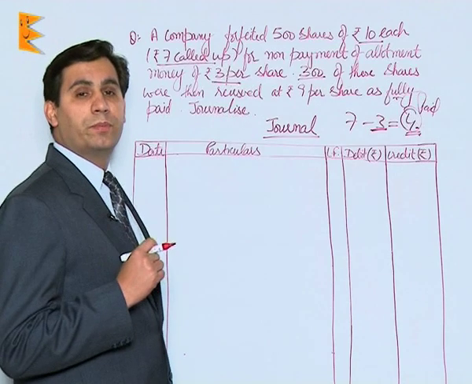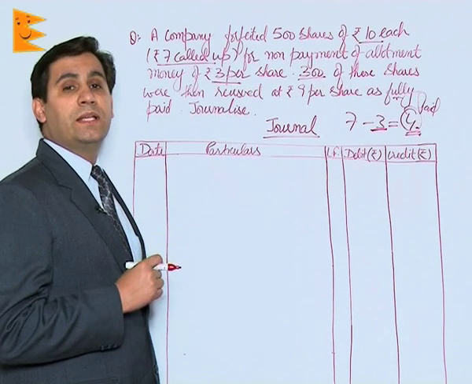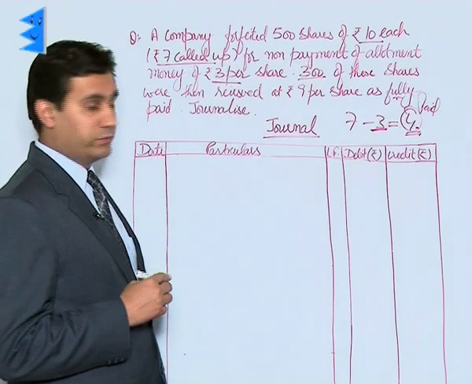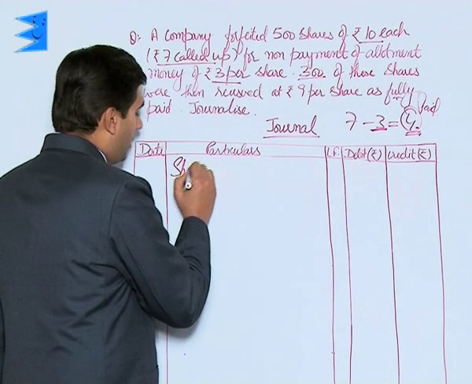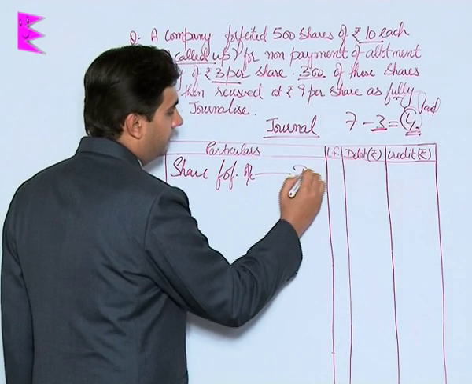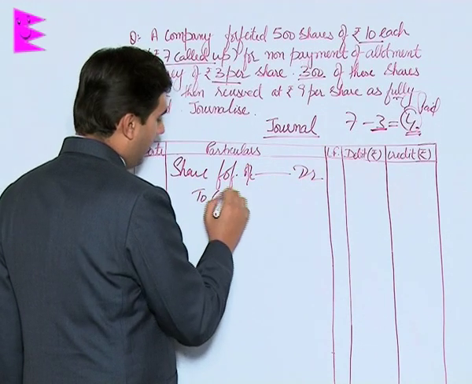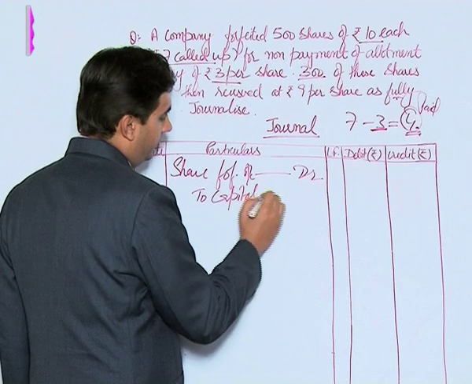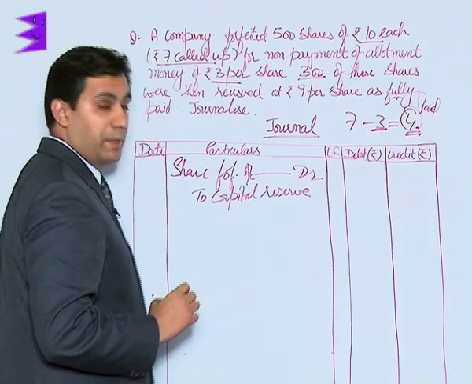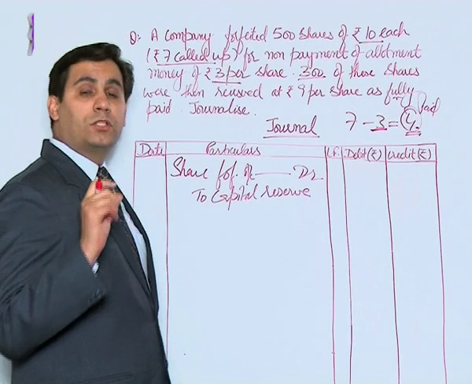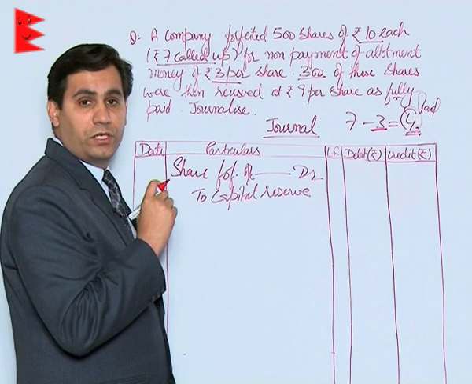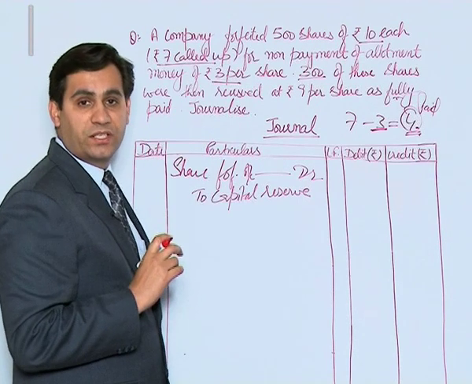And the last entry would be of transferring the excess of share forfeiture money to capital reserve. So the entry would be share forfeiture account debited to capital reserve. Now students, remember the 2000 rupees that were paid by this particular shareholder was for 500 shares.